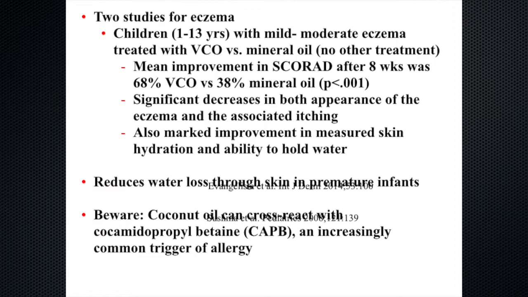Now you see here, I'm just going to show you, if you ever read literature and you're looking for whether something had a significant effect, that word significant has a meaning that it has been rigorously looked at with statistical analysis. And if you see something that has a p, we're generally looking for something that is a p of less than 0.05. This is less than 0.001, which means that it certainly was significant.